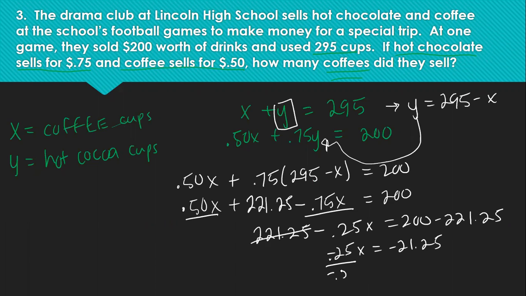Divide by negative 25. Sophie, do you want to try to do that in your head? And we get 85. So how many cups of coffee were sold? 85 cups of coffee.